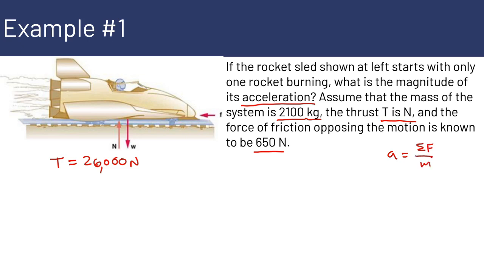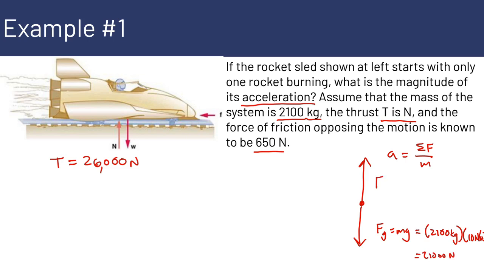So let's draw a free body diagram here first. So we have the gravitational force, which is mg, which is equal to the mass, which is 2,100 kilograms, times g, which is 10 meters per second squared, or newtons per kilogram. So that equals 21,000 newtons.